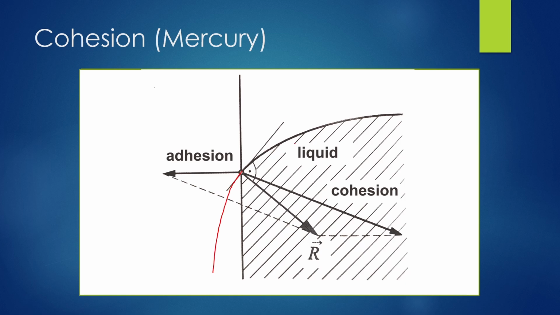The curve of this free surface, the liquid free surface, looks something like this, and this is the tangent line, and the resultant force R is perpendicular to this tangent line. It follows the tangent line of the curve of the free surface of the liquid. So this is the situation when we have non-wetting, when the forces of cohesion are larger than the forces of adhesion.